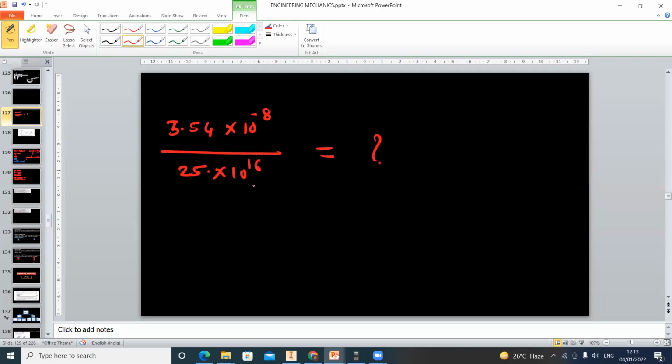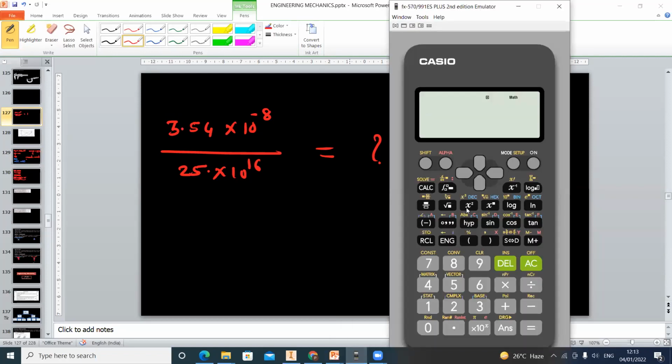You want to enter this fraction with 10 to the power minus 8 and 10 to the power 16. So first select the fraction, then enter this value directly, 3.54 into 10.